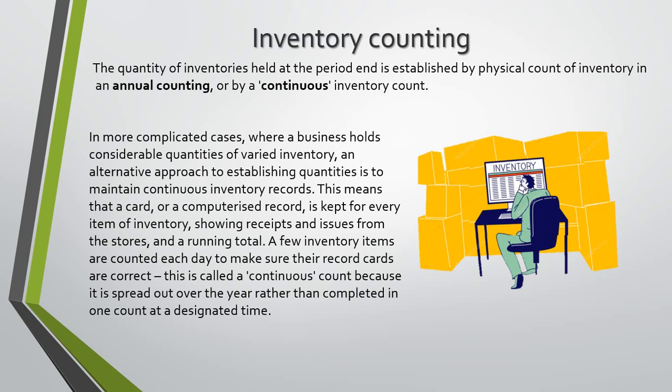A few inventory items are counted each day to make sure their record cards are correct. This is called a continuous count because it's spread out over the period rather than completed in one count at the end of the reporting date.